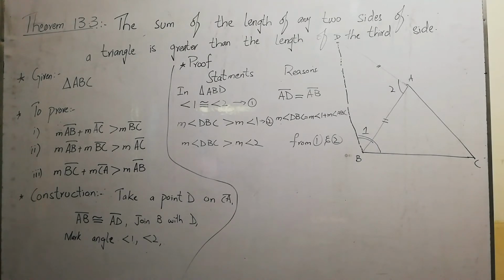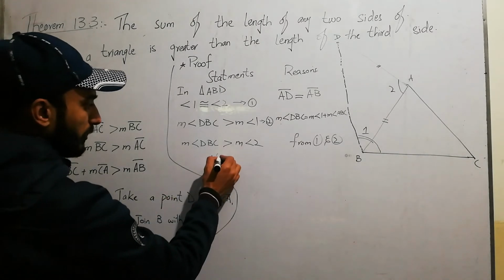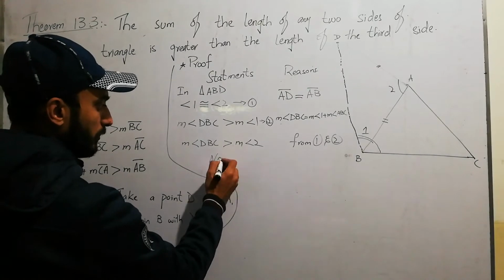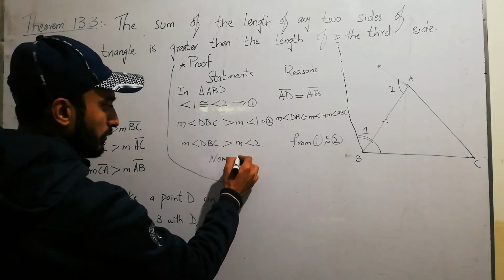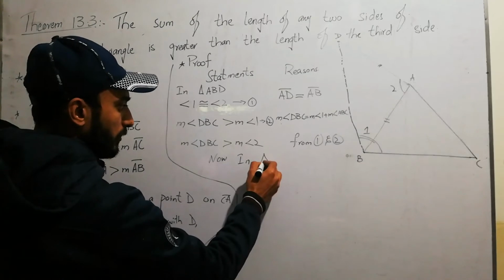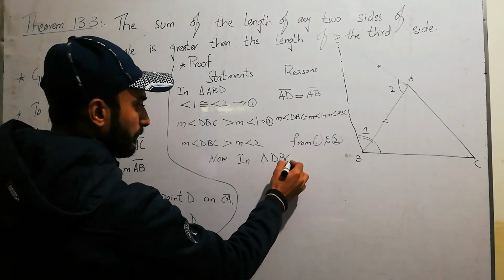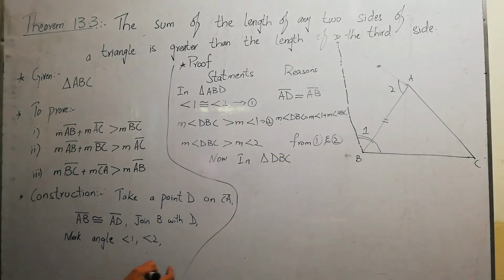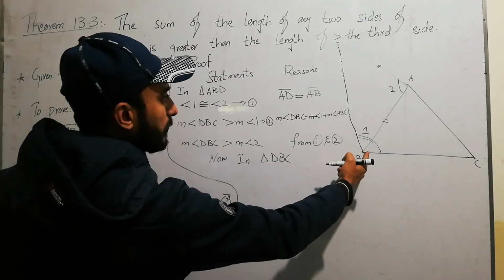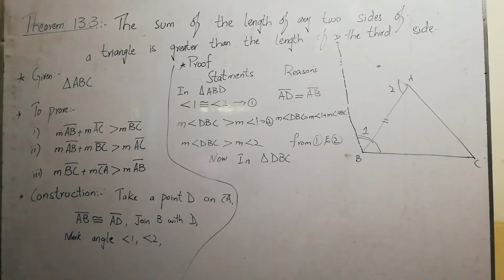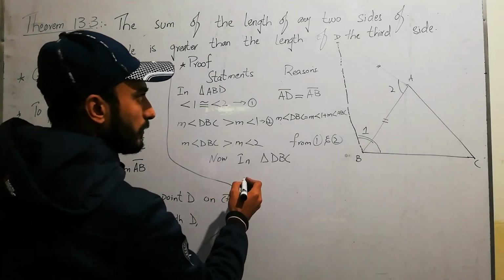Now in triangle DBC, we can say that if this angle is greater, then the side opposite to this angle is also greater. CD is greater than BC.